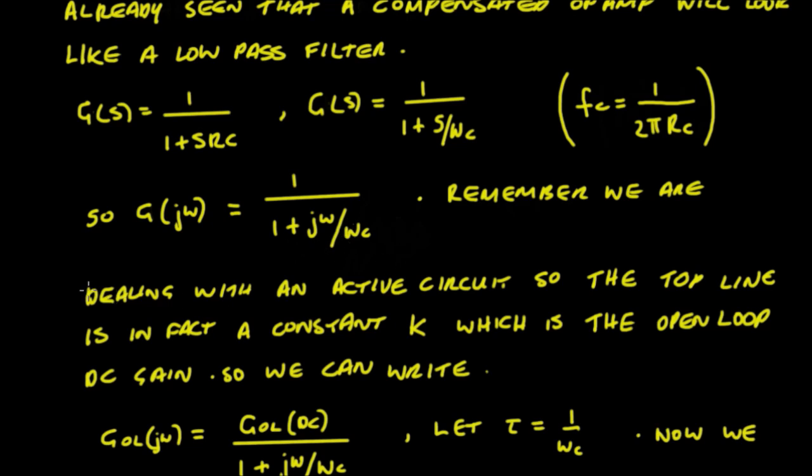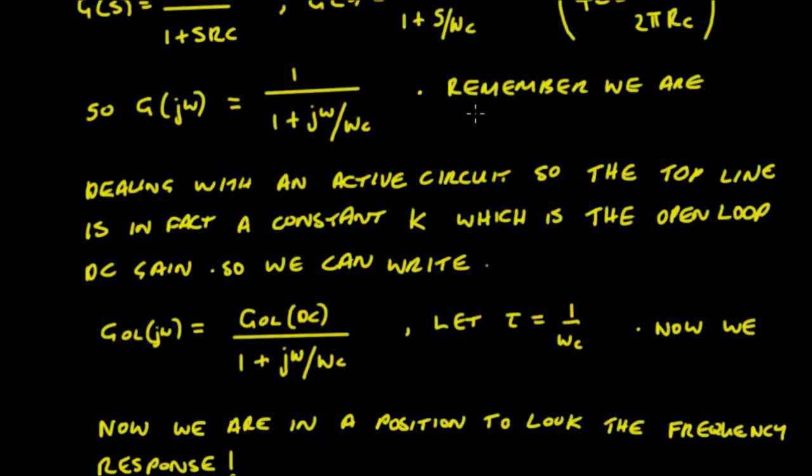A thing to remember here is that we're dealing with an active circuit, so there's actually a gain involved. Although that is the transfer function for a low pass filter without any gain, where the constant would just be 1, because there is a gain in the system, that constant is going to be replaced by the open loop gain, or the DC gain of the op-amp.